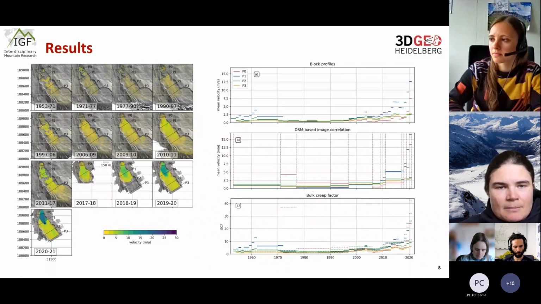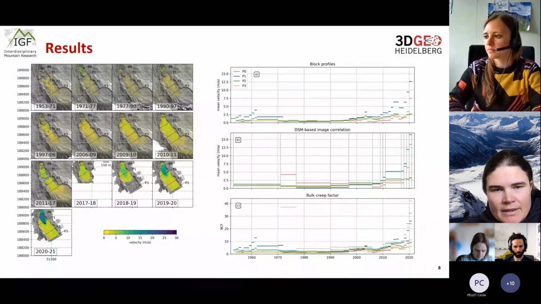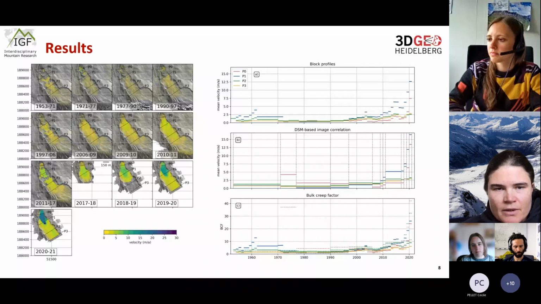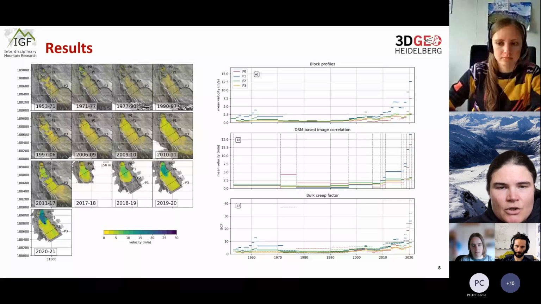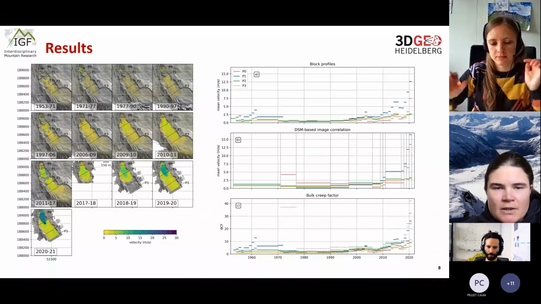On the right is again the time series of block profile velocities at the top, the same data as we saw before. The middle panel shows image correlation-based velocity in the areas where those block profiles are, to compare the values and also see the different temporal resolution. The lowest panel shows a bulk creep factor.